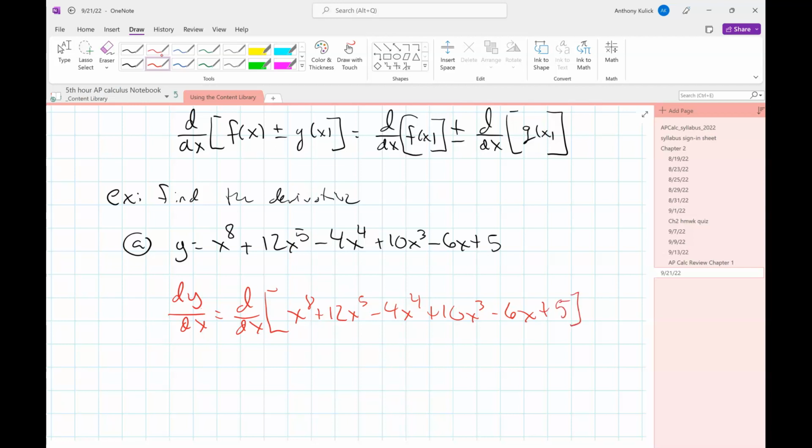We'll just take the derivative of both sides. Everybody's okay with that idea? And then using the previous two theorems, I can distribute that derivative to each term, and on each term, I can pull the constant out to the front.